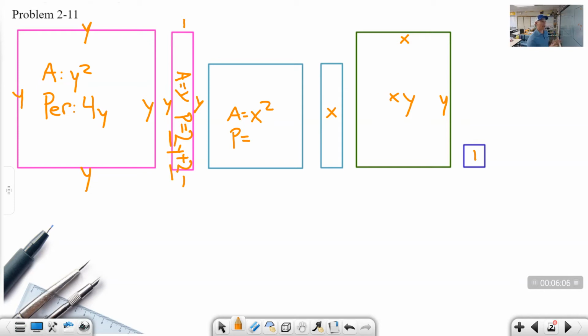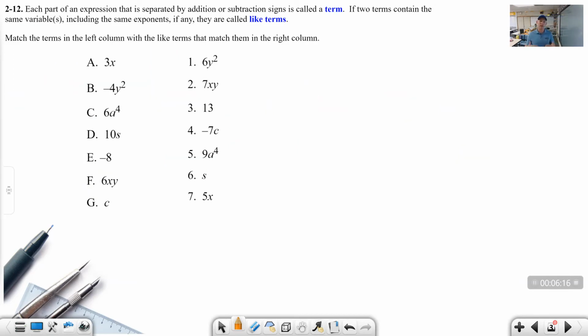All right, you should have your perimeters all done for the x squared, the x, the xy, and the single. Now, what we're going to do is we're going to continue practicing combining like terms by doing this mix and match problem. What we're going to do is we're just going to draw arrows to the correct variable.